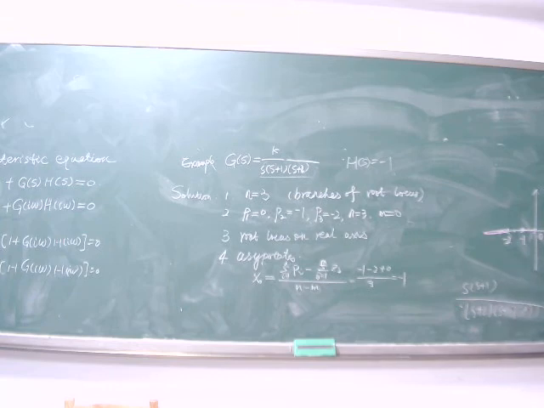What is it? s equal to 0 is a pole, s equal to minus 1 is a pole. The number of zeros m is 0.